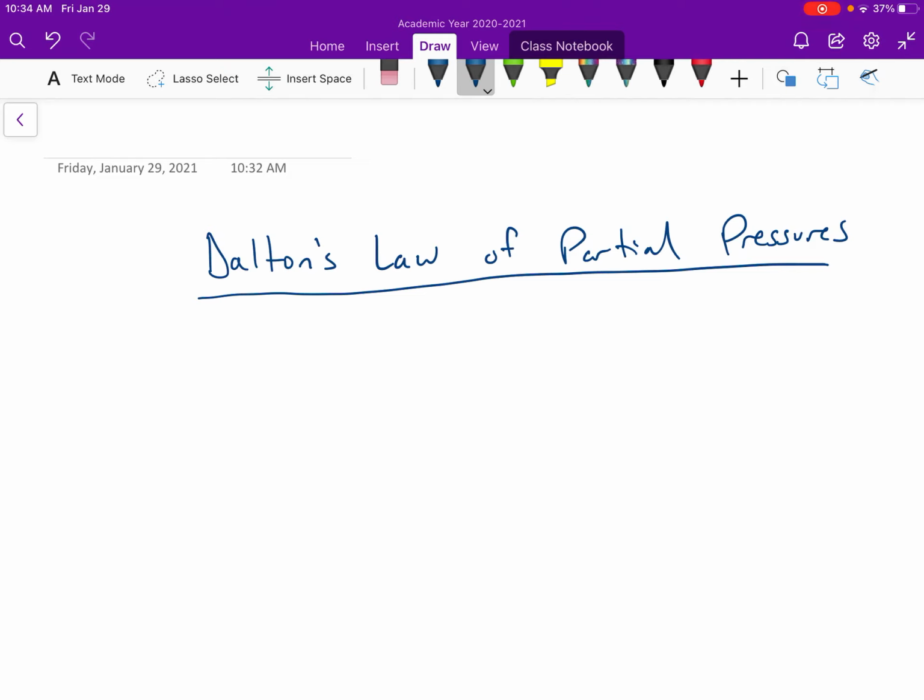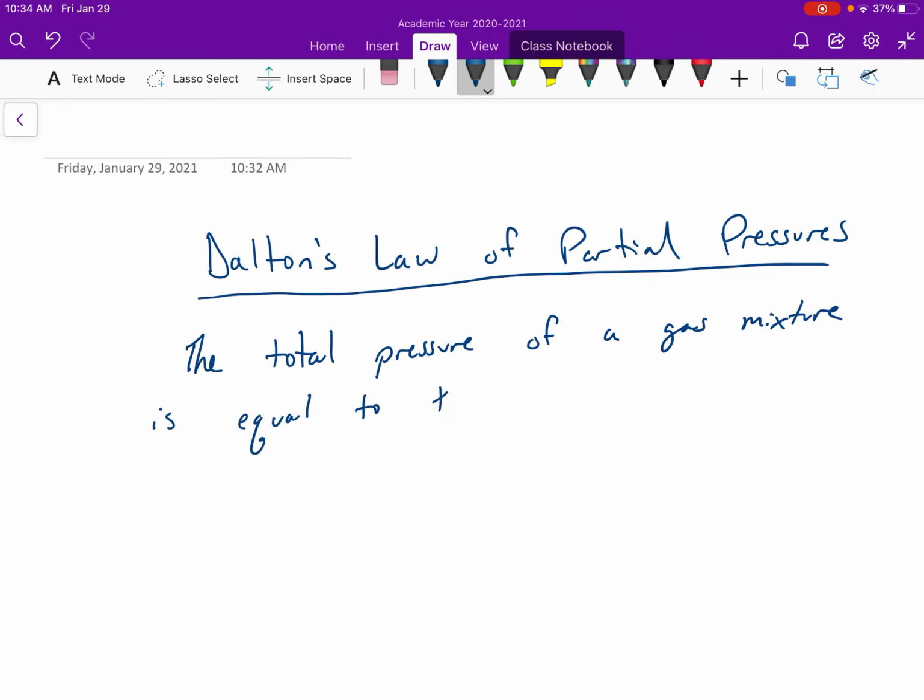So what does this say? This is with gas mixtures, okay? So the total pressure of a gas mixture is equal to the sum of each gas pressure individually.